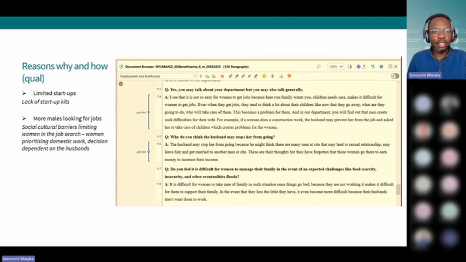And again, the talk of limited startups came up very much, and certain gender and sociocultural barriers, where many of the women were rather confined to domestic work by different social structures, and the decision also depended a lot on their husbands.